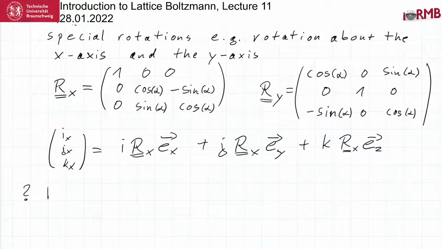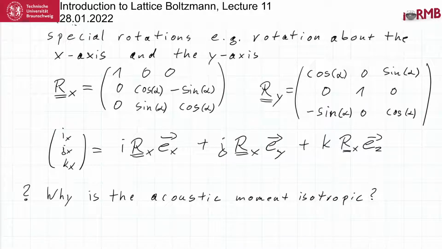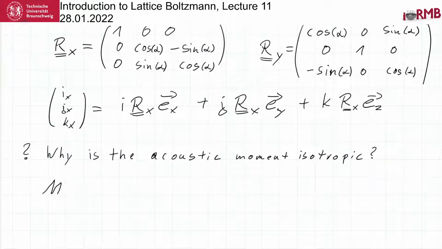So let us start with understanding the isotropic second order moment, the acoustic moment. Why is the acoustic moment isotropic? So the acoustic moment, let's define this as MP, is again the trace of the second order moment. So it's M200 plus M020 plus M002.